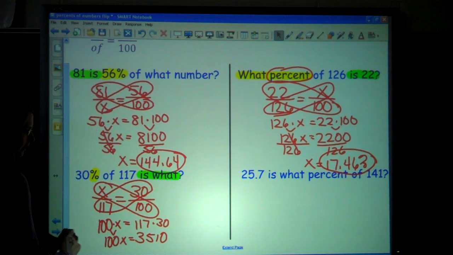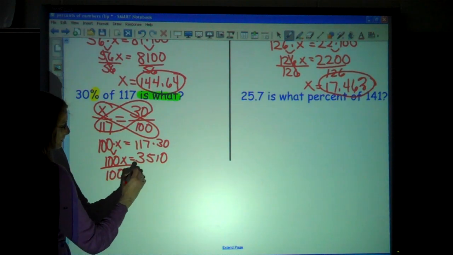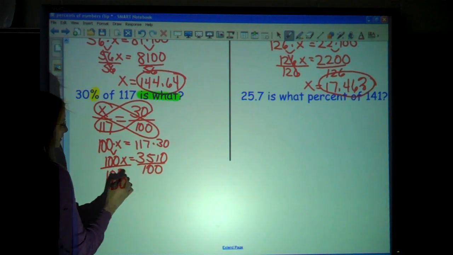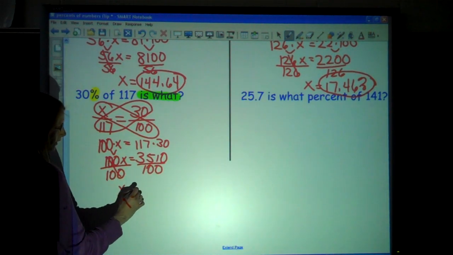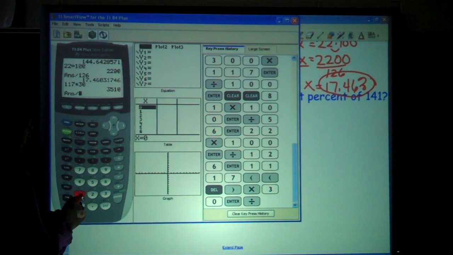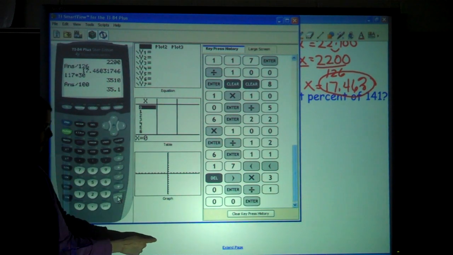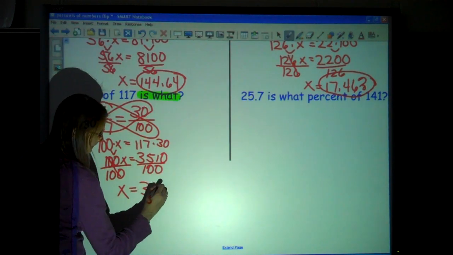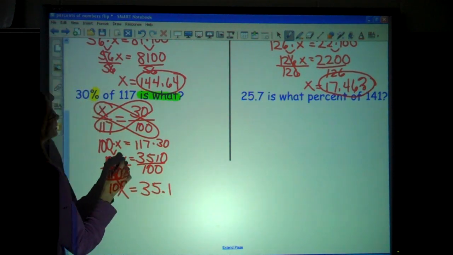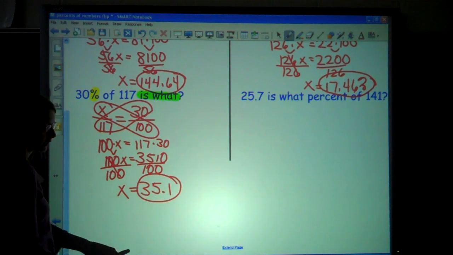And now I want to divide both sides. Let me move it up some. Divide both sides by 100 to find x. 100 divided by 100 is 1x. 3,510 divided by 100 is 35.1. And since we had the percent, this is just a number. So I'm going to circle it up.